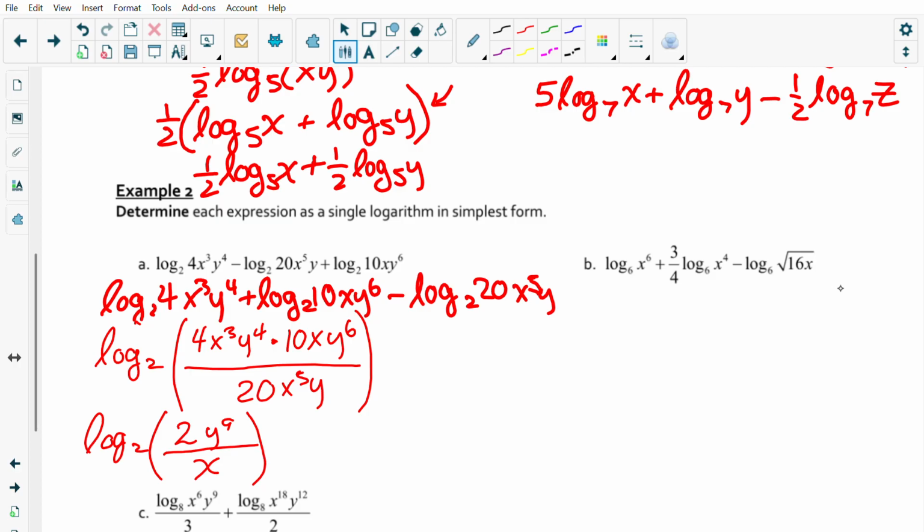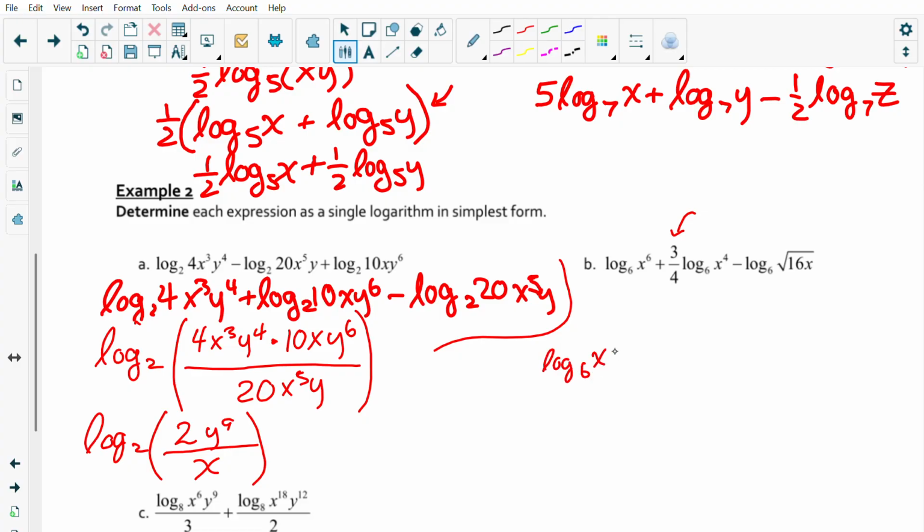Let me change all these radicals into exponents, and then I'm going to apply the power law backwards. So log base 6, what do I have here?